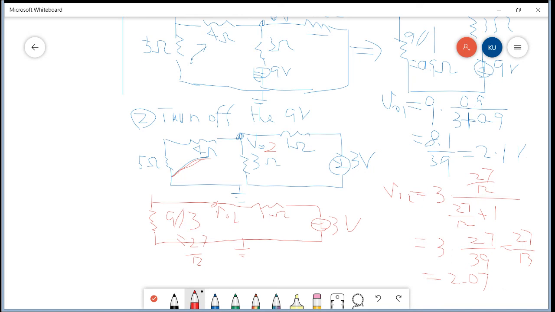So VO is VO1 plus VO2, so it will be 2.1 plus 2.07. Or maybe I should keep the same significant digits, 2.1.